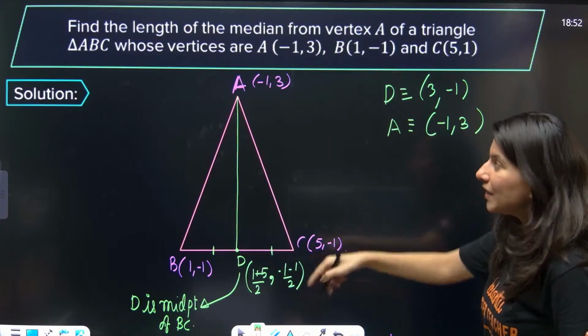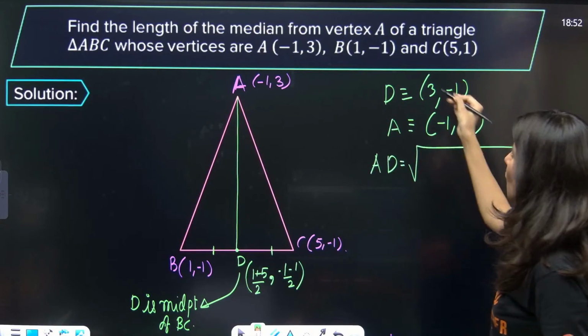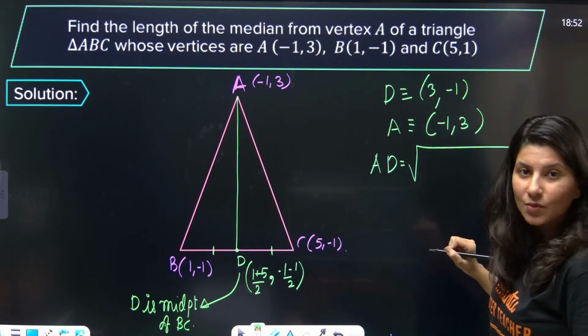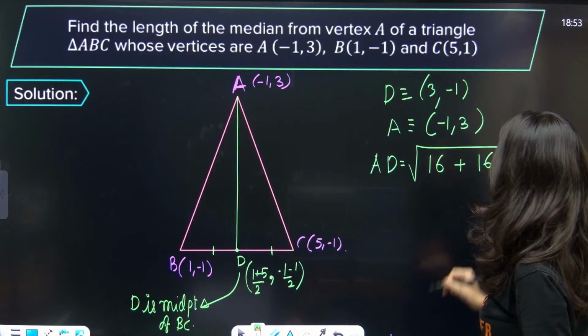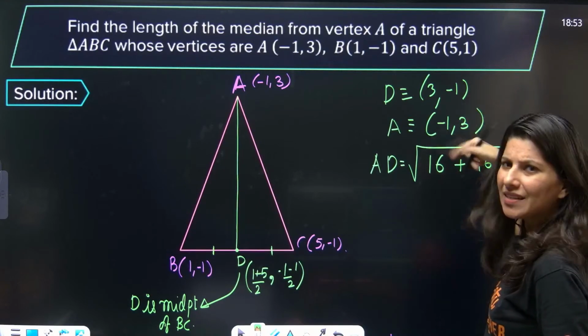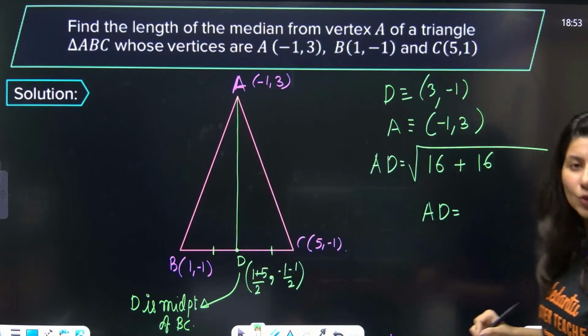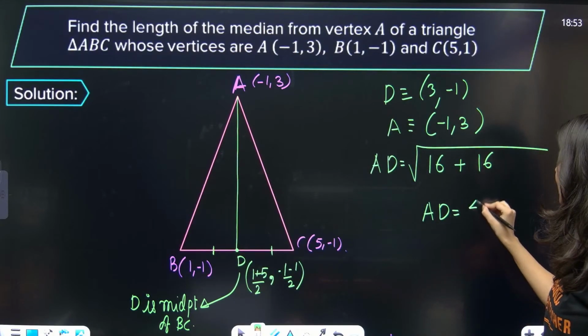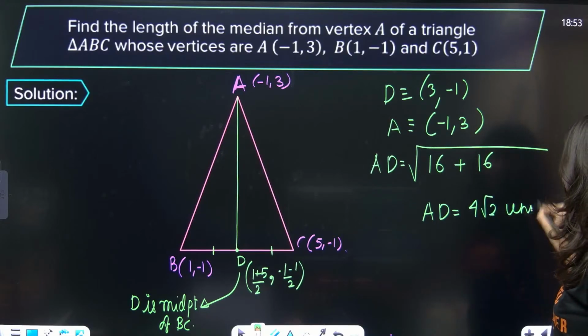Now the length of the median. AD is your median. Square root of 3 minus -1 whole square. So that is 4 square, and this is also 16 plus -1 minus 3 is also 16. So AD is going to be what? Root 32. So root 32 is nothing but 4 root 2 units.